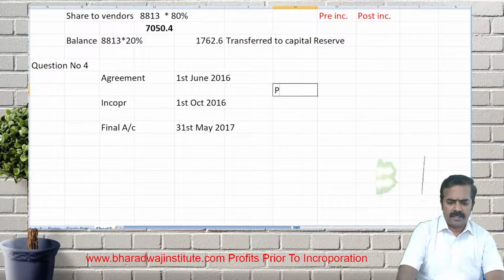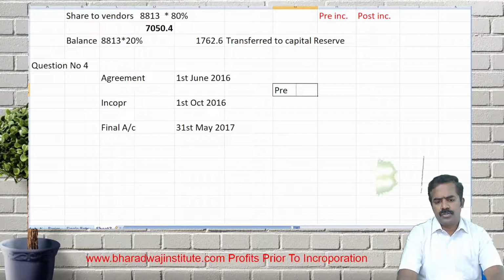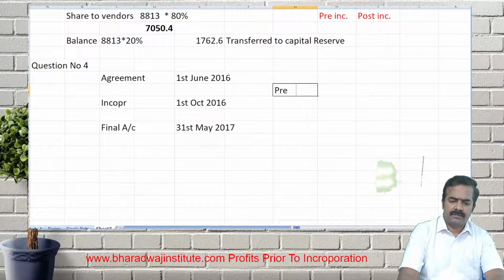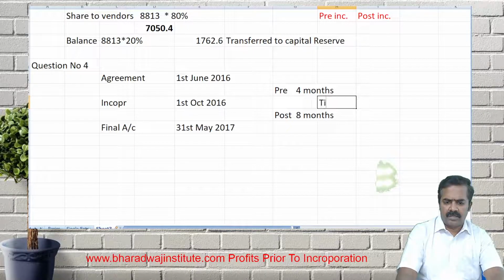So how many months pre-incorporation? June, July, August, September: 4 months. So the time ratio is 1:2.